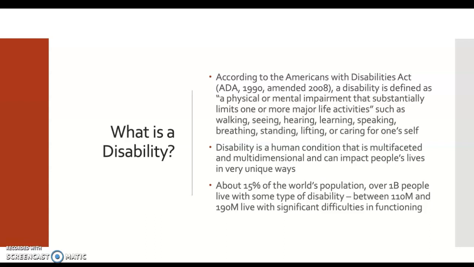And I think we also have very specific ideas about disability. I think more often than not, we think about disabilities that are visible to the eye. We think about physical types of disabilities. But people with disabilities are an incredibly heterogeneous group, which we'll talk about in the next slide or so.